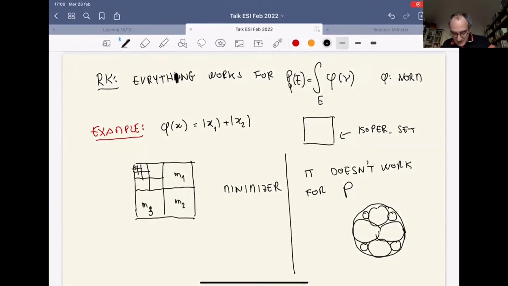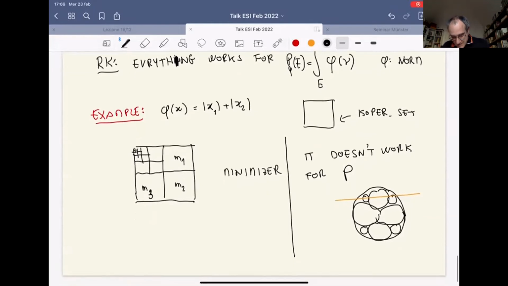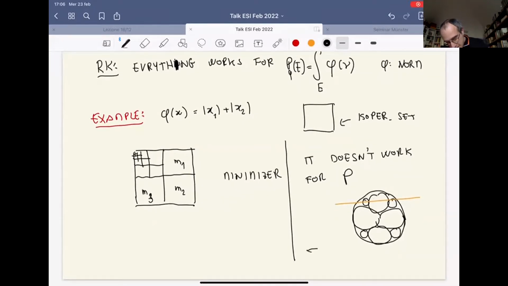And so in particular, for any construction of this type, a packing of a circle with circles, it's easy to show that for almost every line you cut, you meet infinitely many circles. So in particular, in this case, the perimeter is always plus infinity. We are in dimension 2.